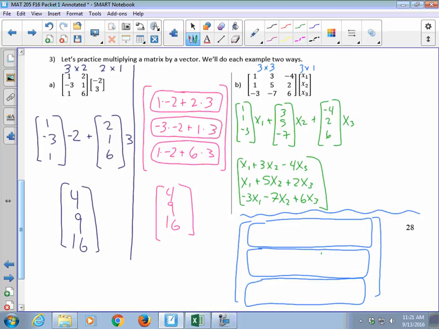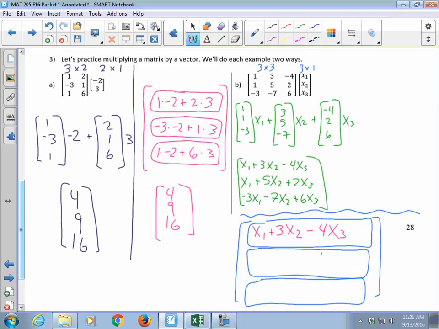And then you go row by row, taking the dot product with the vector x1, x2, x3. So take 1, 3, negative 4, pick it up, rotate it, put it on top of x1, x2, x3. The stuff that lines up, multiply, and then add it all up. So you have 1x1 plus 3x2 minus 4x3.